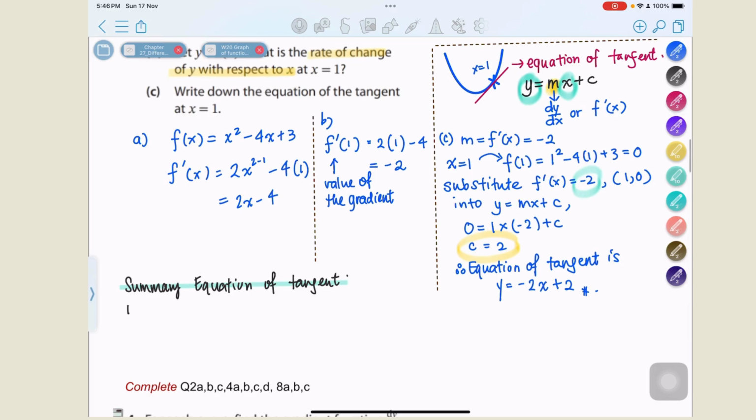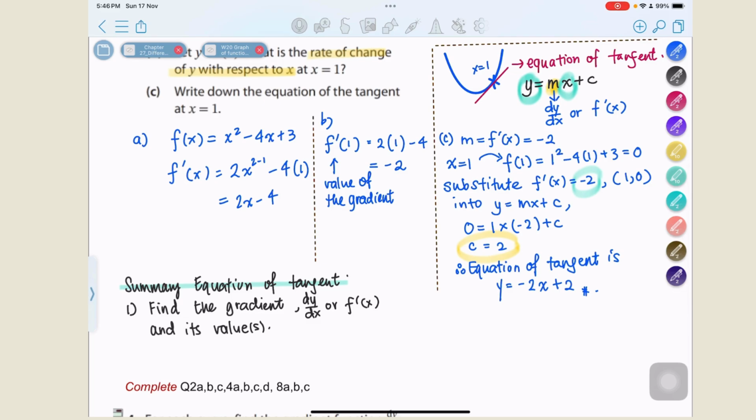Step number 1: first of all, you need to find the gradient, which is dy/dx or f prime x, and its value.